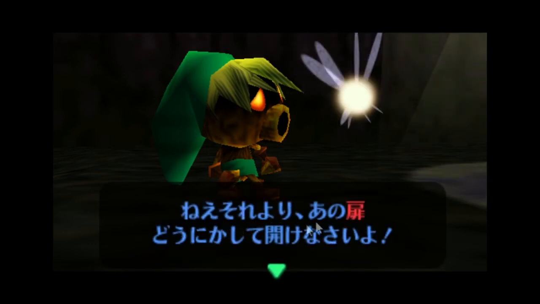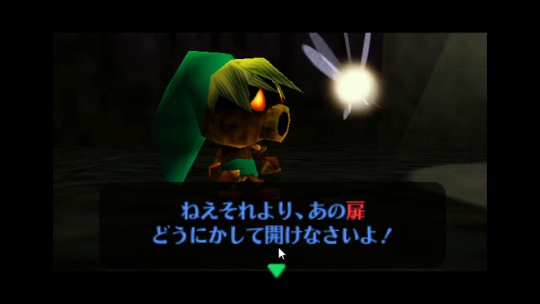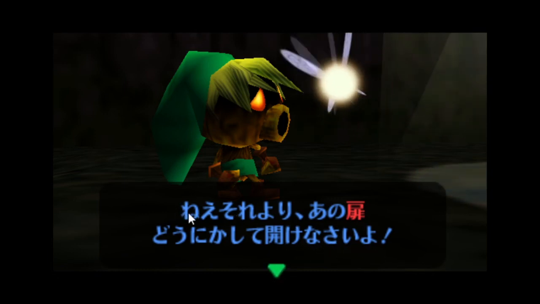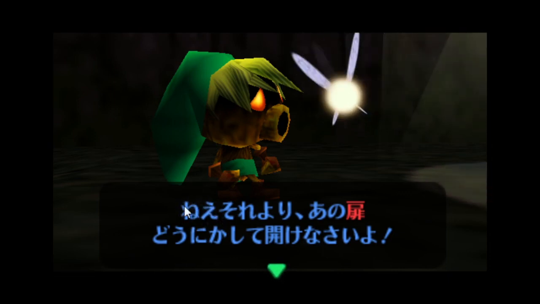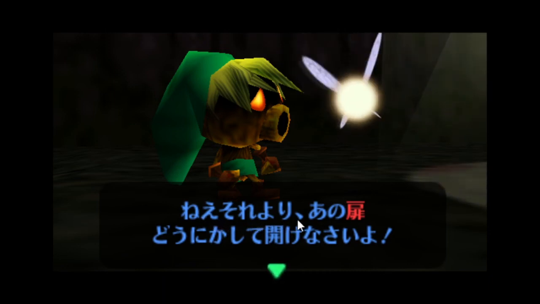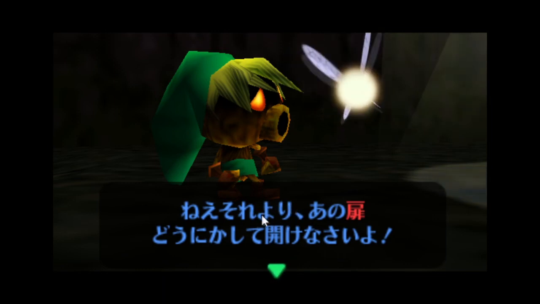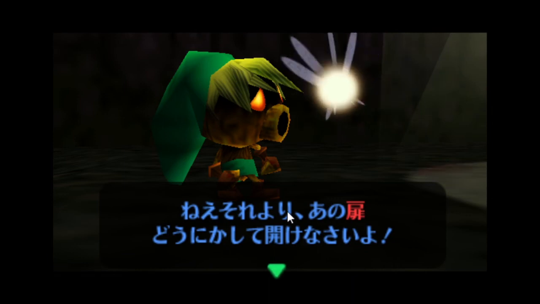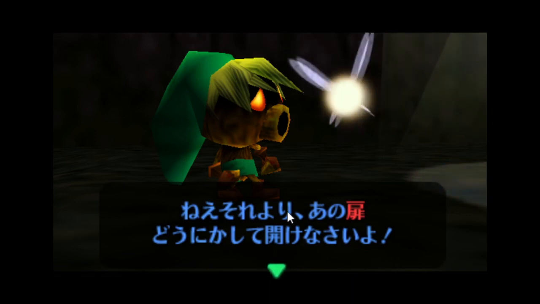Ne sore yori ano tobira do ni kashite, what is this? Akenasai yo, I believe. So ne is just like, hey, sort of just requesting our attention, or trying to get our attention, I guess. Ne sore yori. Yori is a bit of like a comparative verb. Like in English we have to state which way the comparison goes.